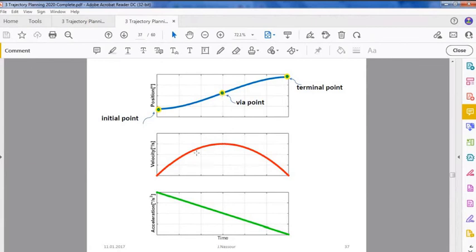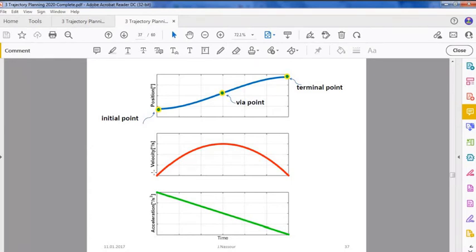Same for velocity. When you plot a graph, your graph will stop here, first half, and then you continue another half. So that means if your robot has a via point, your robot can still control your robotic arm motion from slower to faster and then from faster to slower in a smooth manner.